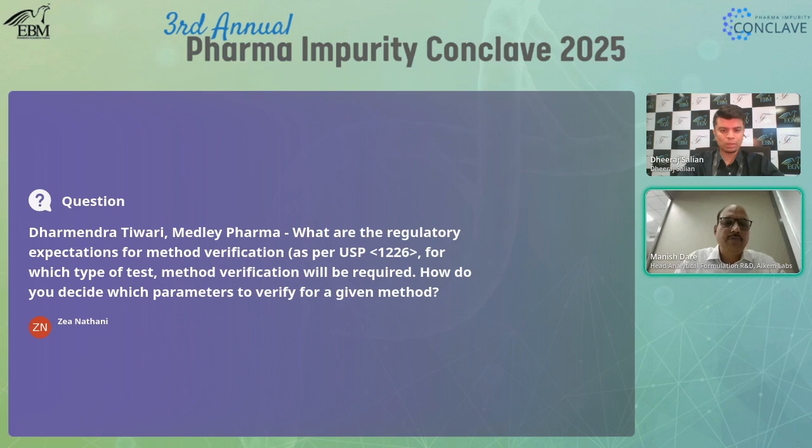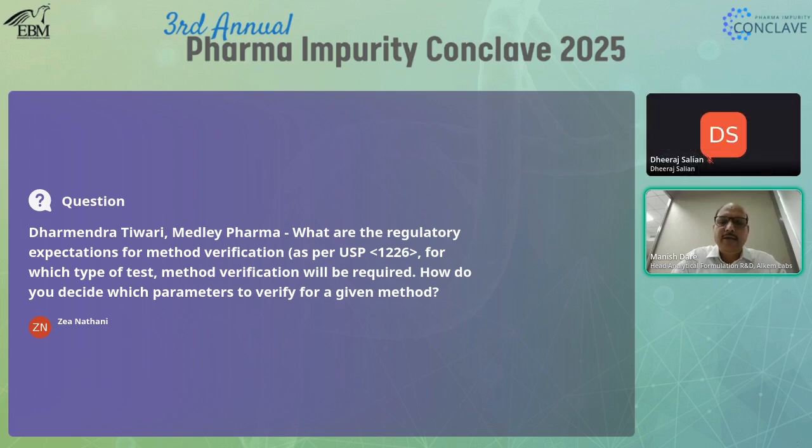Correct. So thank you so much, Dharmendra. It is a very important question for USP, where we are going to do the method validation activity. As per the USP general chapter, they have clearly defined a couple of parameters.